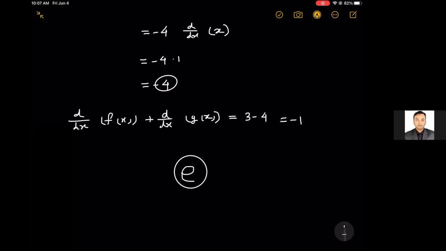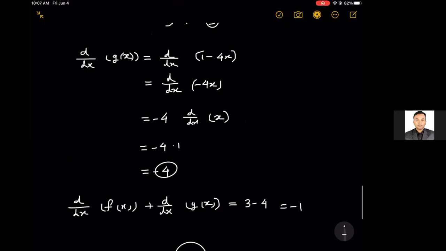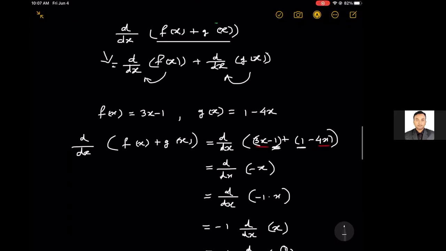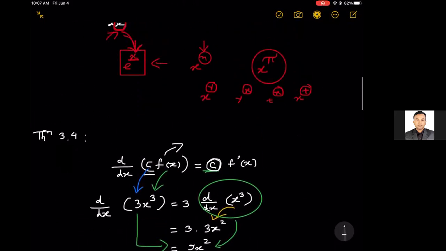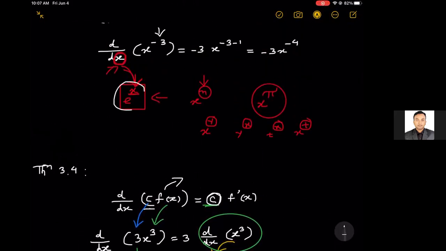Let's move on to the next topic, which is e, the number e. I've already shown you that if you have anything of this format, we can't really use the power rule.